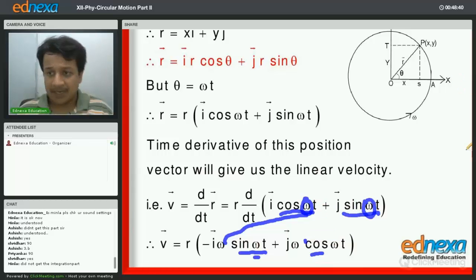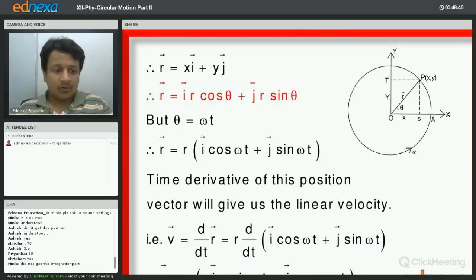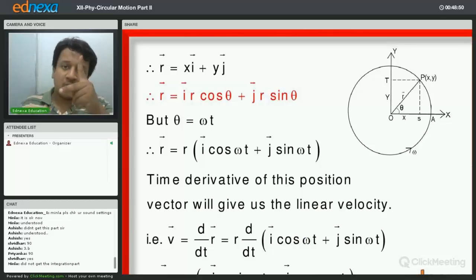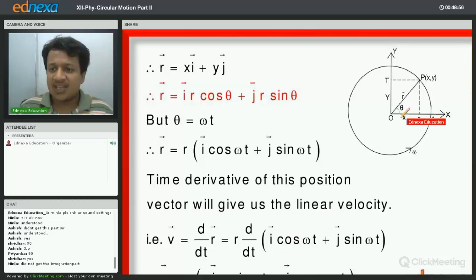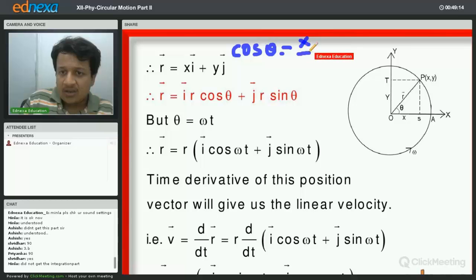Again, I will repeat the complete part. See. According to the knowledge of scalars and vectors, vector r you can resolve into two components, along the x-axis and along the y-axis. The x-axis component is x vector i, and the y-axis component is y vector j. Then this x, what is the formula of cos theta? Cos theta is adjacent, x, divided by hypotenuse, r.